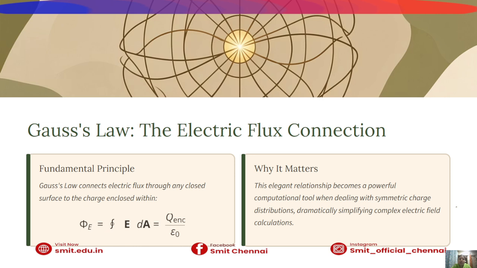According to this law, the total electric flux through any closed surface is directly proportional to the net charge enclosed within that surface. Gauss law is extremely useful in solving electric field problems involving symmetrical charge distributions because it simplifies complex calculations into manageable mathematical expressions.